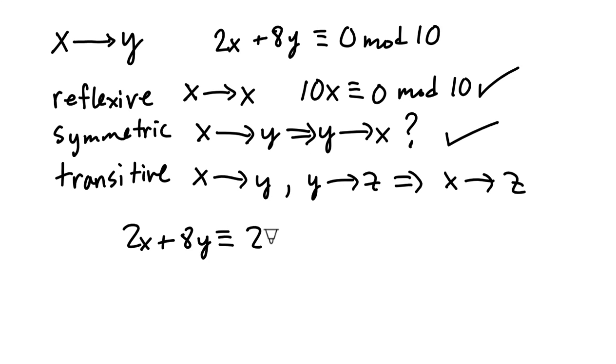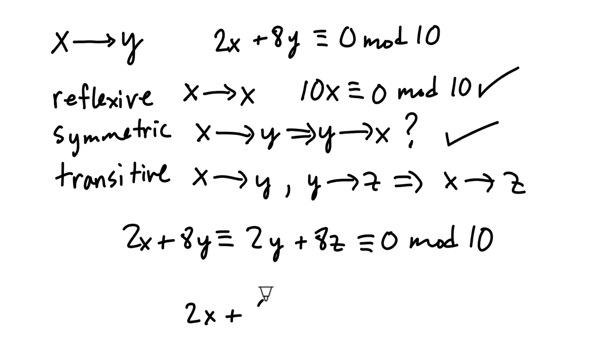So we know 2x plus 8y is congruent to 2y plus 8z, which is congruent to 0 mod 10. And we want to show that 2x plus 8z is congruent to 0 mod 10.